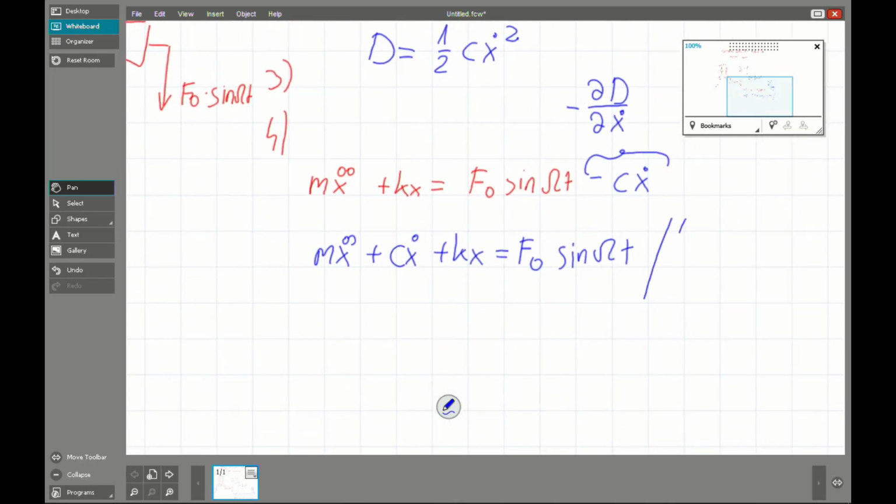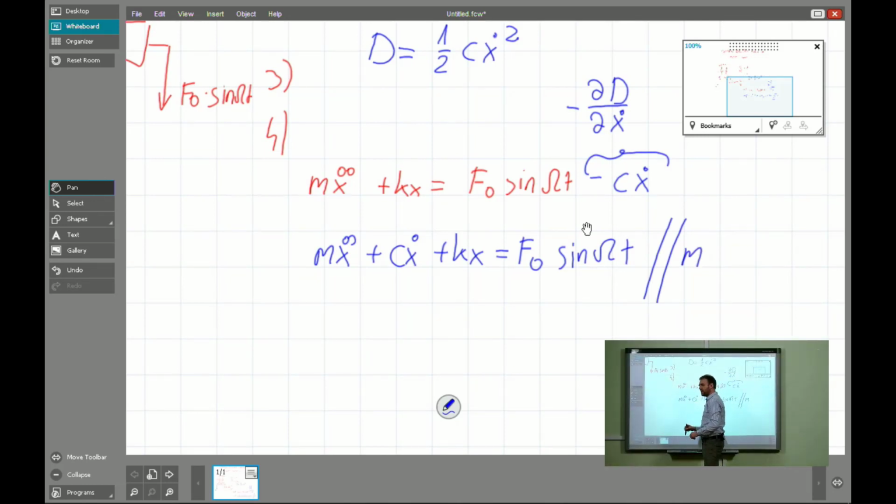We remember that for solving that problem, we have to make the factor of the highest derivative 1.